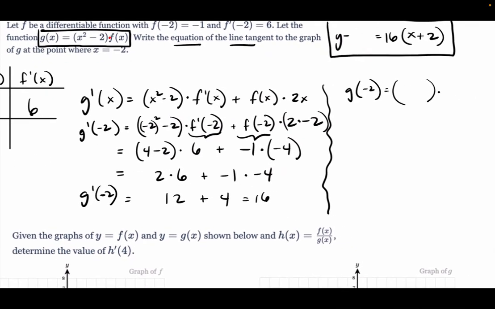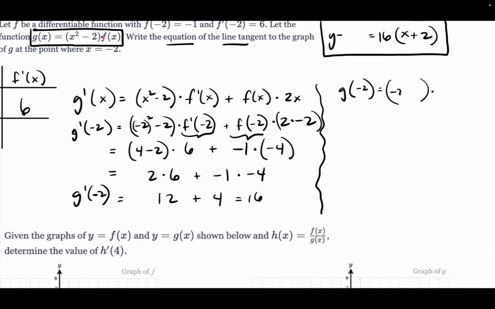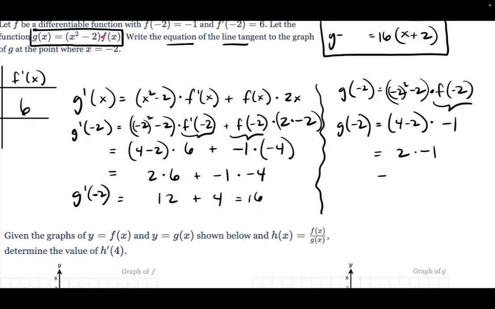Negative 2 squared minus 2 times f of negative 2, which would be negative 1. So I get 4 minus 2 times negative 1, which equals negative 2.